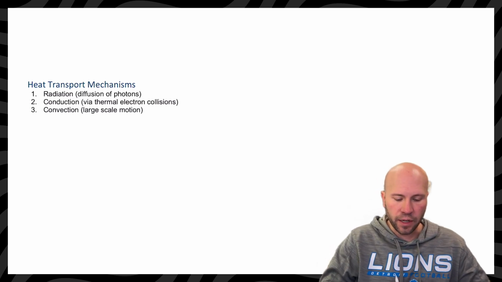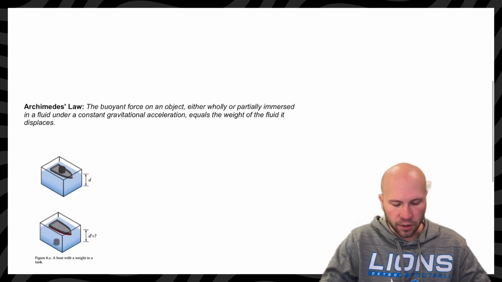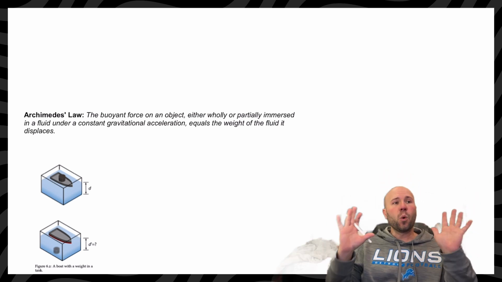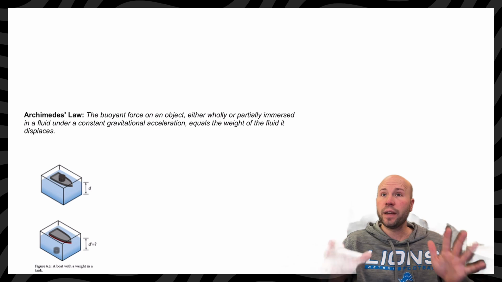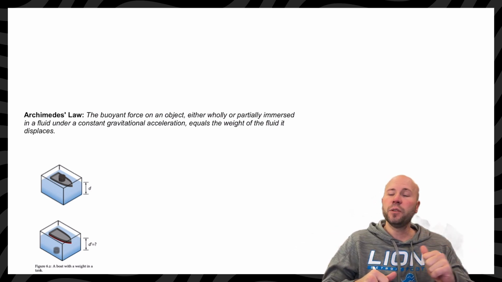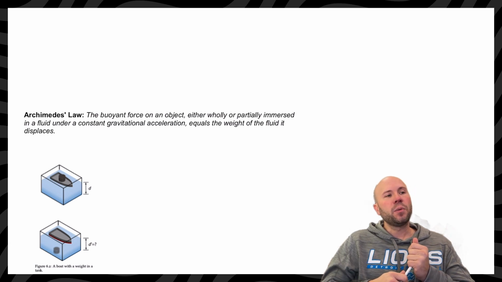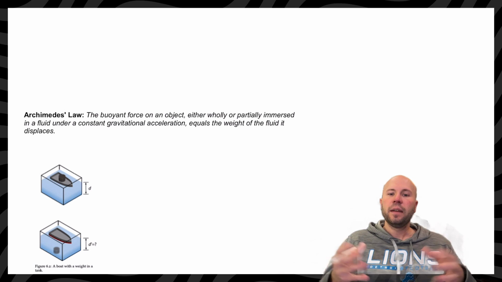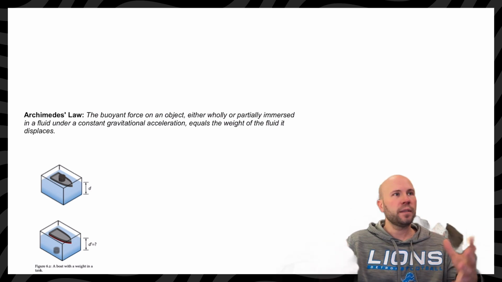And all of this is really underlined by Archimedes' law, which says that the buoyant force on an object, either wholly or partially immersed in a fluid under a constant gravitational acceleration, equals the weight of the fluid it displaces. Right? And so this is something somewhat familiar to us. We know that if we stick a boat in water, it'll float.